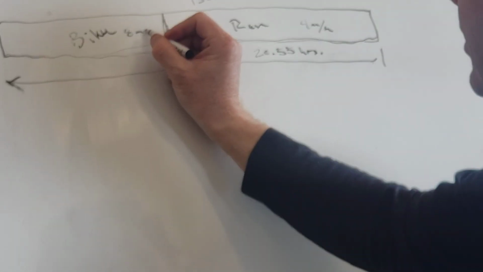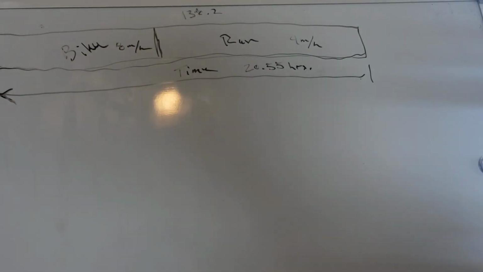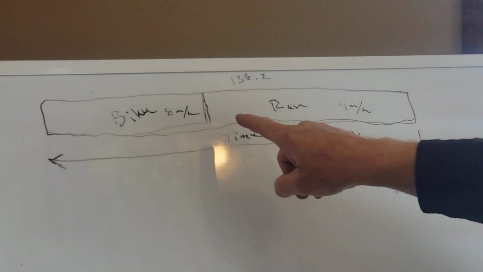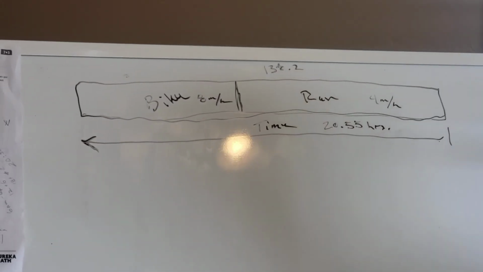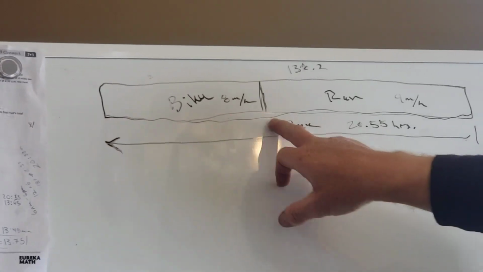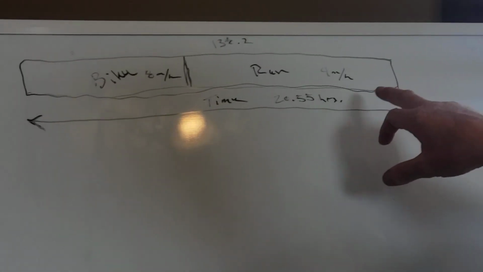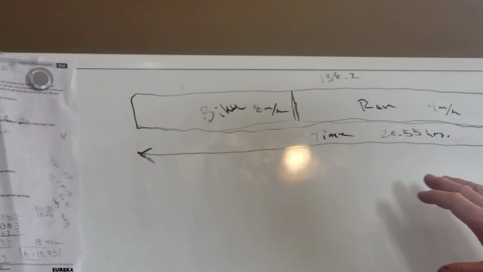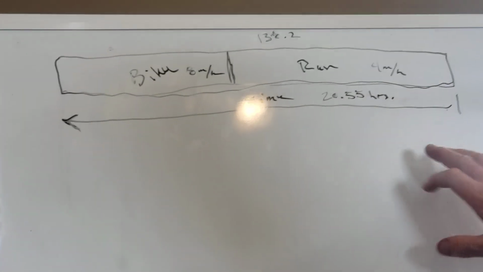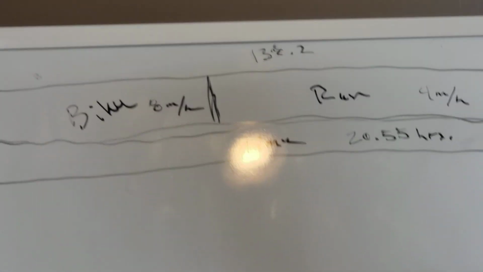And these guys have a rate of 4 miles per hour. That one has 4 miles an hour. The other one has 8 miles per hour. So we have two separate ratios. Each one goes a certain distance, in a certain amount of time, and the total equals that.